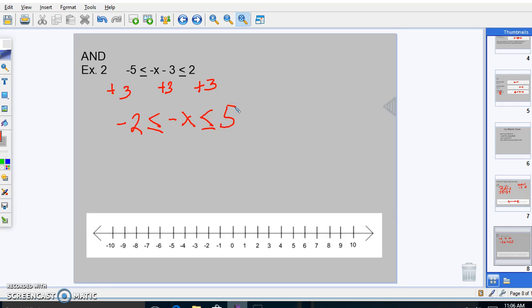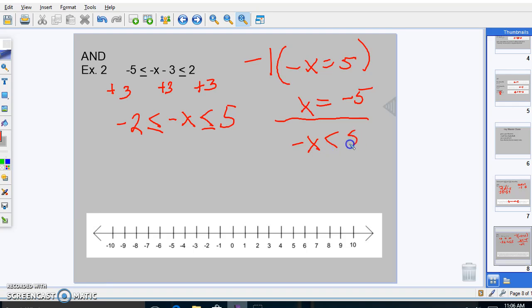Now, just like an equation, if I were to have negative x equals 5, I wouldn't want it to show negative x. I would want it to show x. So to switch it, I can multiply everything in here by negative 1, which changes that x to a positive x and changes that 5 to a negative 5. Now remember, if you were solving an inequality, you would have negative x is less than 5.